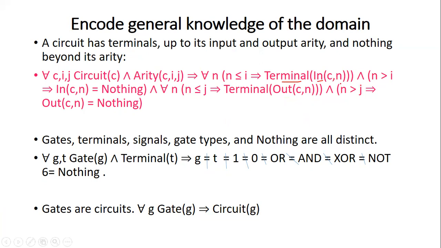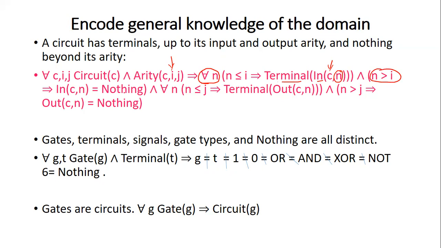This is for all n, but as long as n is less than or equal to I, because I represents the maximum input. So the circuit can have that many inputs at most, and it will not have any terminal which is greater than I.